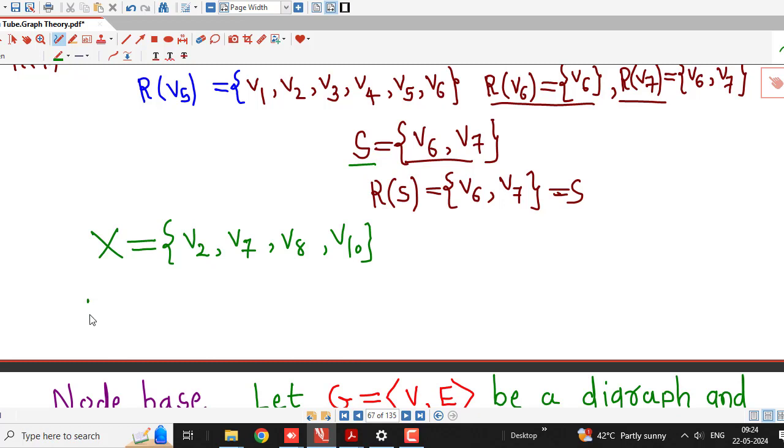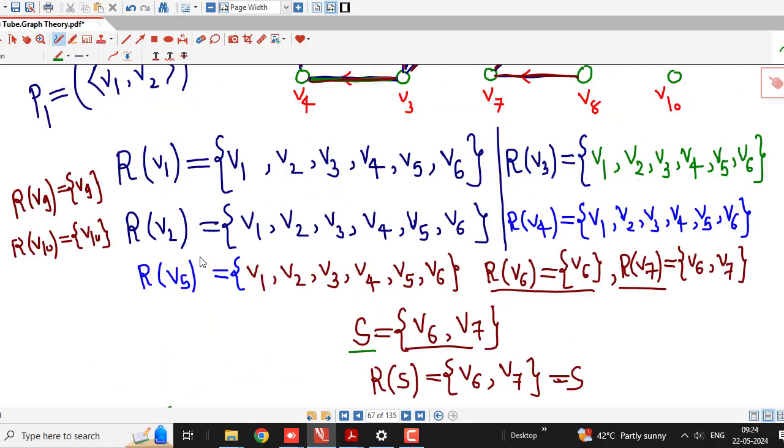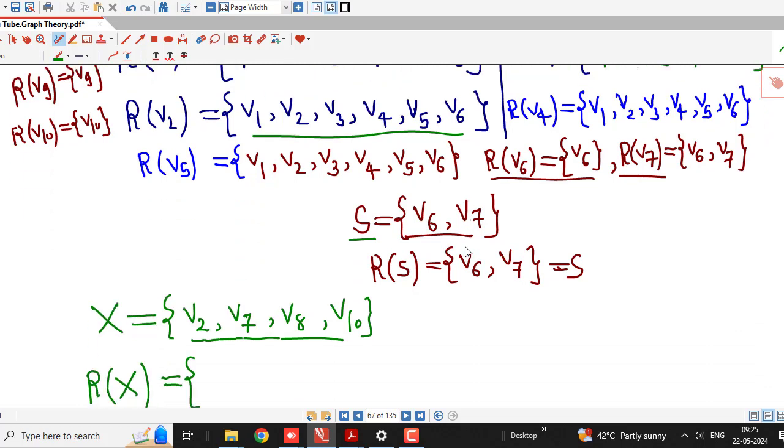And we write the reachable set of capital X. So we have to write all those vertices which are reachable from any node of this subset capital X. First we check for V2. For V2 we have obtained all these vertices, so I am writing here V1, V2, V3, V4, V5 and V6. All these vertices are reachable from V2 because they are in the reachable set of V2.